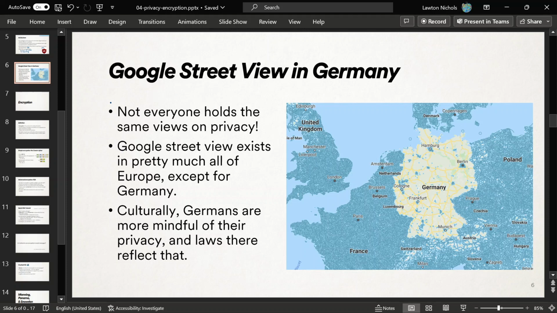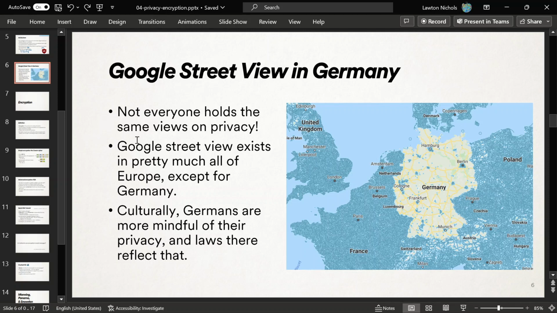So most countries have plenty of Google Street View data, right? This is blue. Blue means all of these streets have been mapped on Google Street View and there are pictures of them. Notice, though, that Germany is very blank. Not a lot of Google Street View data there. And even a Western European country can hold a completely different view on privacy to others, right?